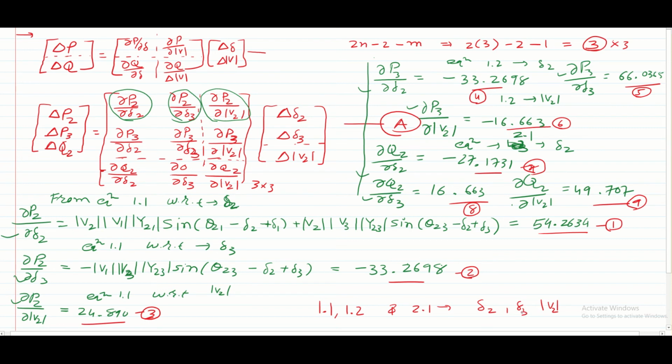Okay, clear? The equation of P2, P3 and Q3, just we need to take the differentiation with respect to delta 2, delta 3 and V2 respectively. Clear?